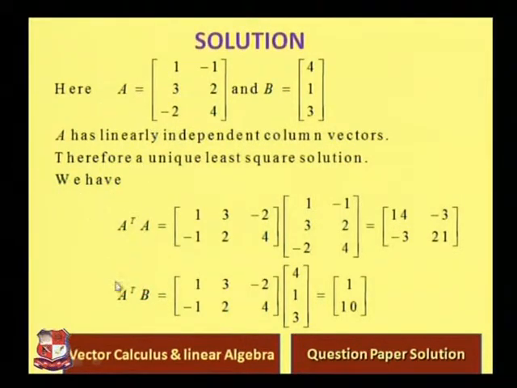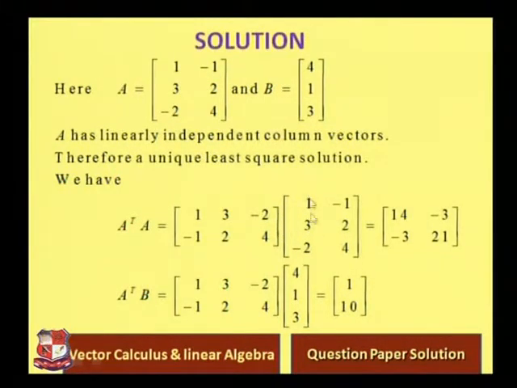Now we have A transpose, and we find A transpose times A. So here A transpose means this column is converted to the first row, and this column is converted to the second row. So here 1 3 minus 2 and 1 minus 1 2 4. And this A is the same as before.